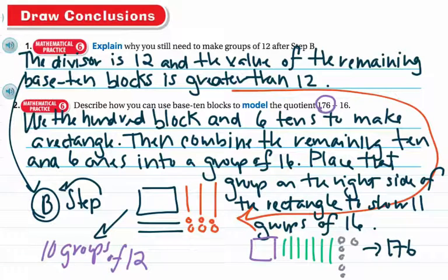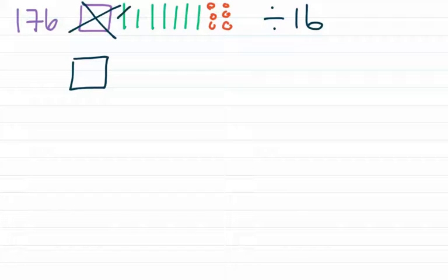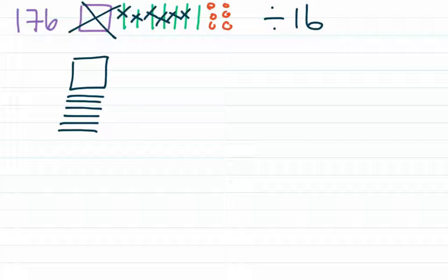So we have the 100 block and we add 6 tens to it to make a rectangle. If we go to the next page, we're going to use our hundreds block, so we cross it off, and then we use 6 tens. So 1 ten, 2 tens, 3 tens, 4 tens, 5 tens, 6 tens. We rewrote those tens underneath the square to make a rectangle. Now what we have left is circled in yellow.